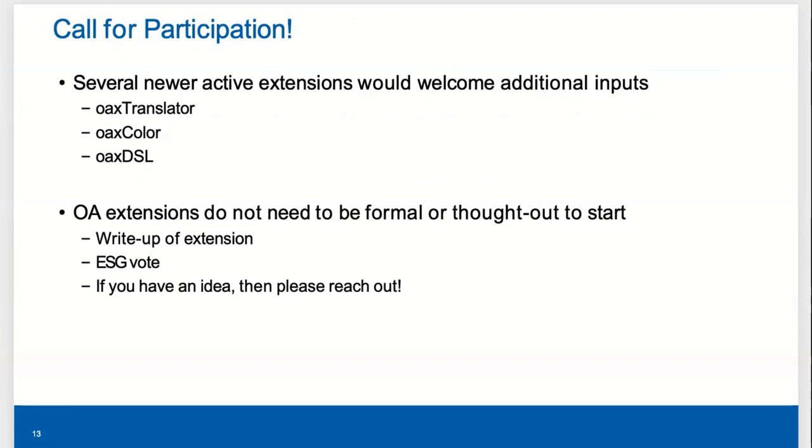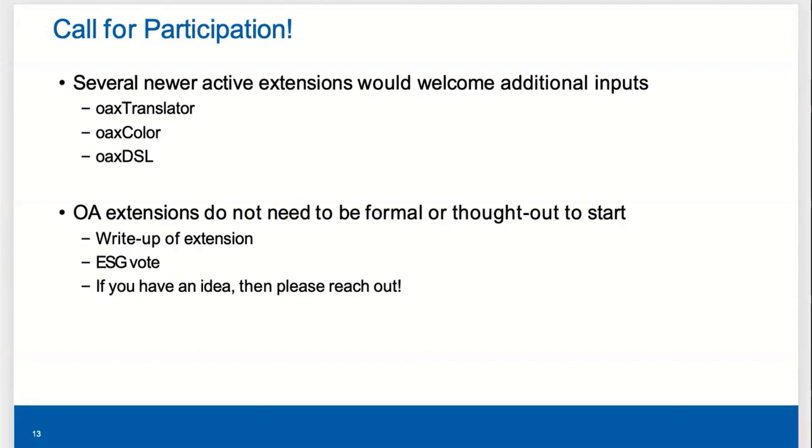And then I did also want to emphasize that a lot of times we think the bar is very, very high to create a new extension, and I want to get rid of that myth. There's a formal process where you do have to submit some paperwork. Basically, there is a vote and you have to submit the proposal with some justification and so forth.